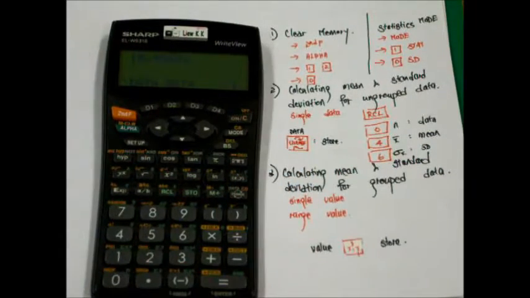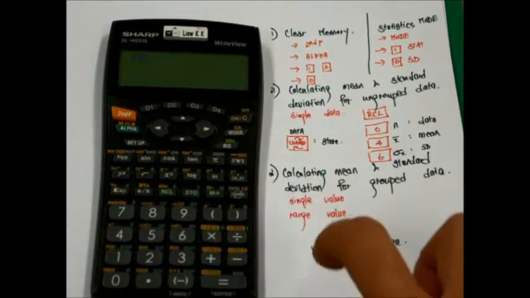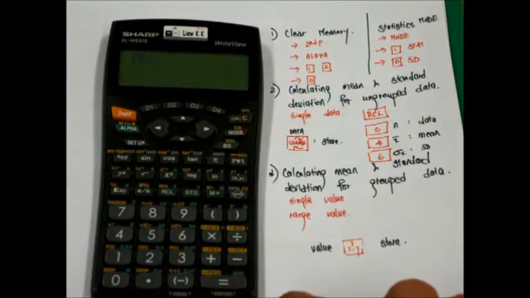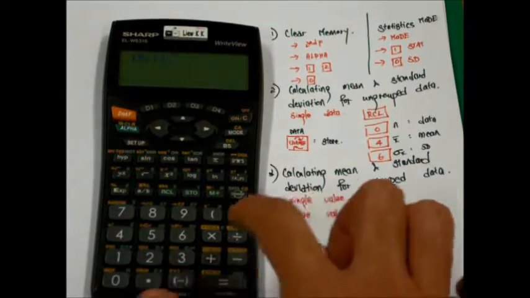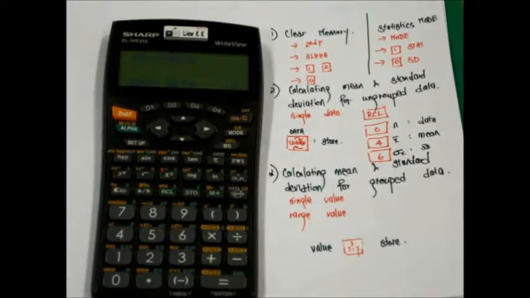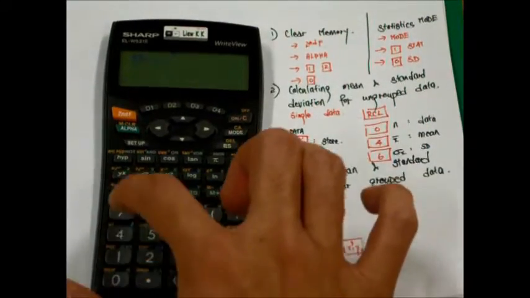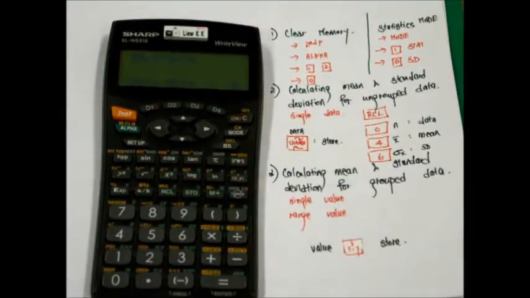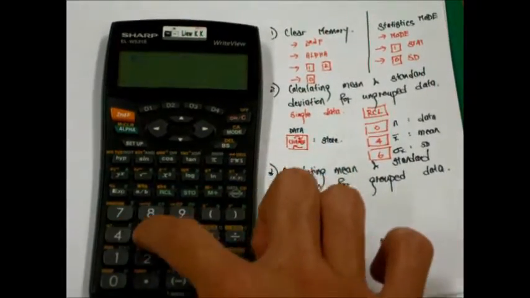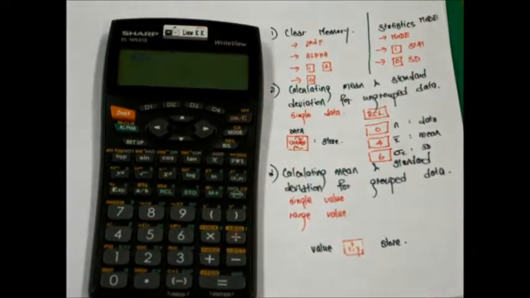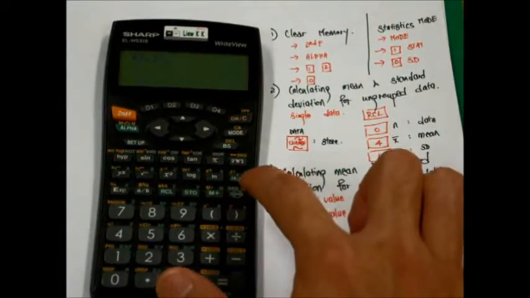Store it in. Next, we have 25. The frequency is 13. Store it in. Followed by 35, comma, 17 as the frequency. Store it in. Last but not least, 45, comma, frequency is 11.